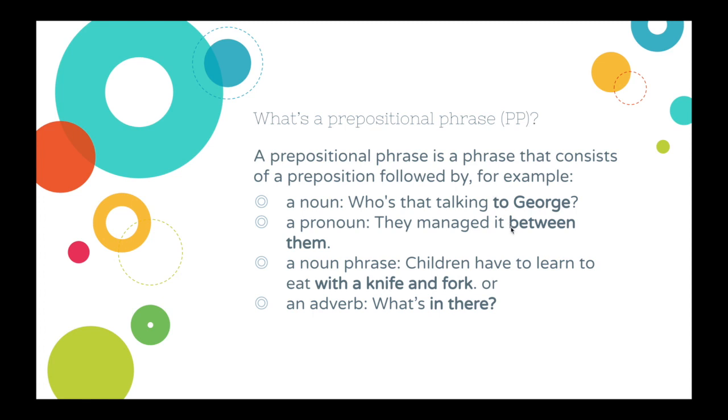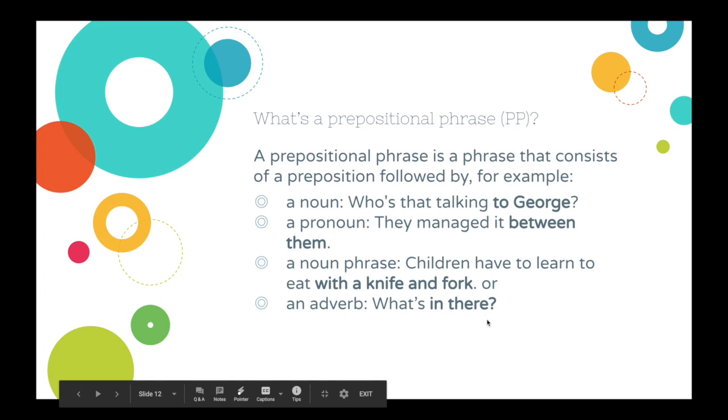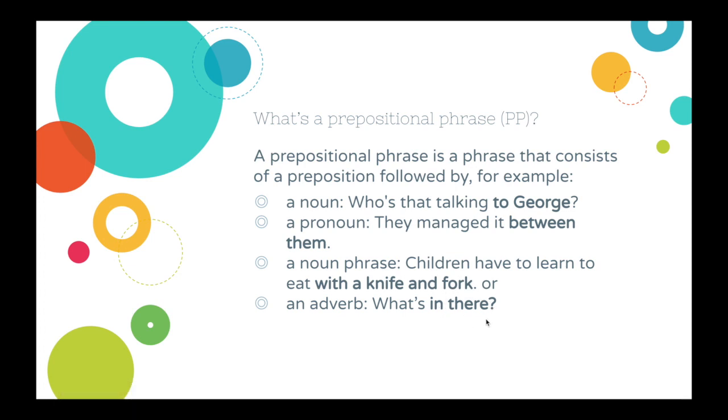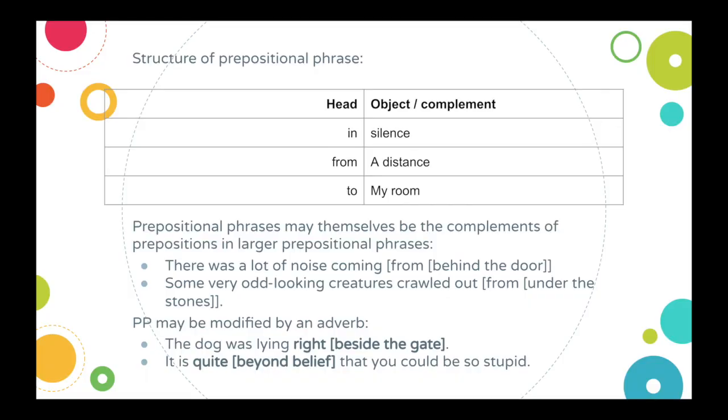A pronoun between them. Them is a pronoun. A noun phrase with a knife and fork, or an adverb. What's in there? There is an adverb. But again, the head is a preposition. So usually the structure of a prepositional phrase is there's a head, and then behind it there's an object, also known as a complement.